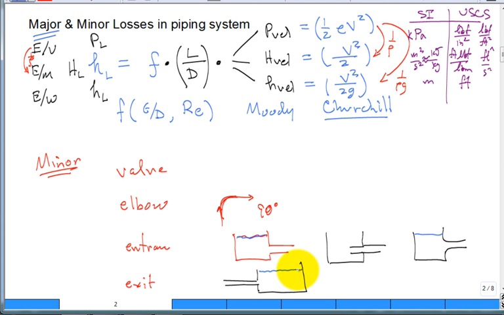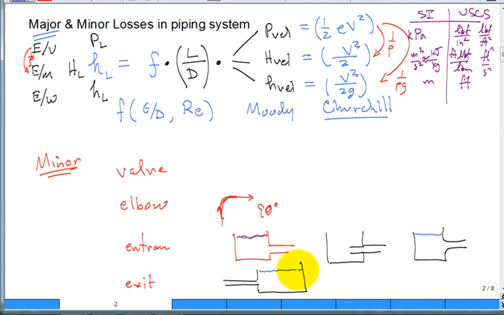Then there's a loss coefficient for it, a loss coefficient for a submerged outlet of a pipe into a tank. There are other ones. These are some big ones. Anybody remember one? Sudden contraction, sudden expansion, or maybe more of a gradual contraction and a gradual expansion. Those changing diameters of pipe will introduce losses.